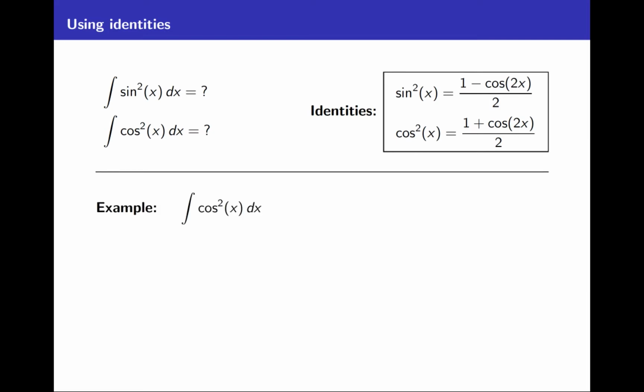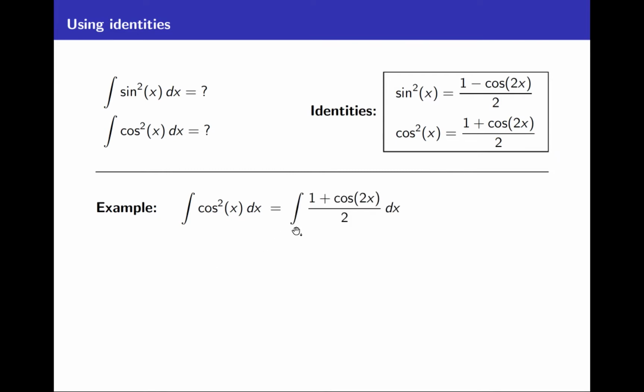Let's try this. Let's take the integral of cosine squared x dx. Substitution doesn't work, but we'll try replacing the cosine squared x with this expression that it's equal to.